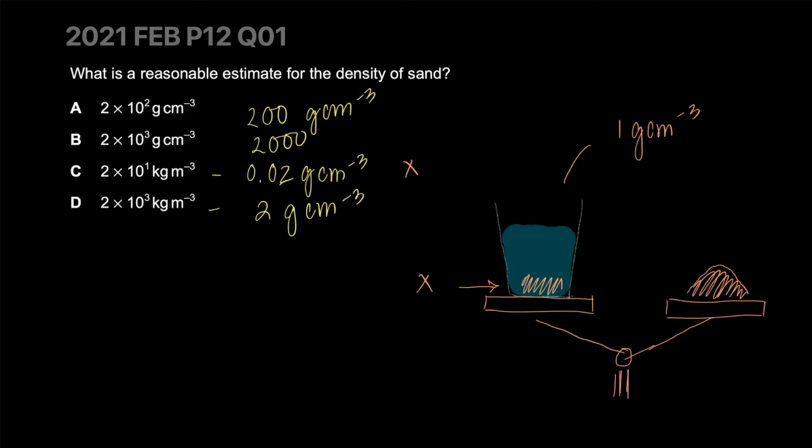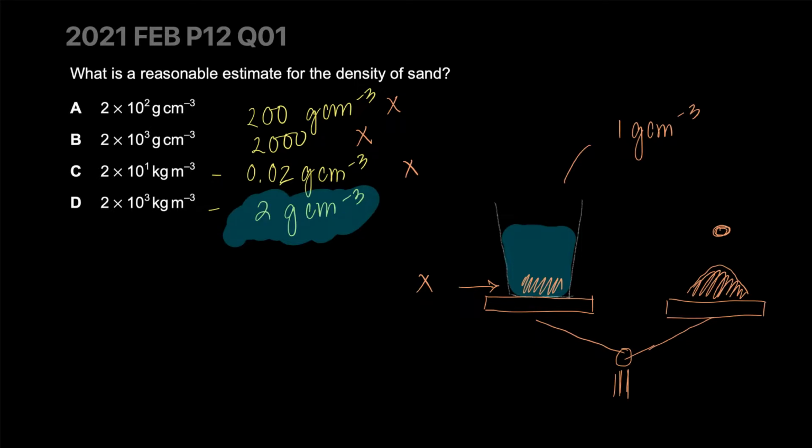Sand can't be 2,000 times heavier, or 200 times heavier, because that would imply that only a very tiny amount of sand should be able to outweigh this glass from over here. So these are huge values compared to our 1 gram per centimeter cube. So I'm going with the only viable option at this point. I'm left with this, 2 grams per centimeter cube.